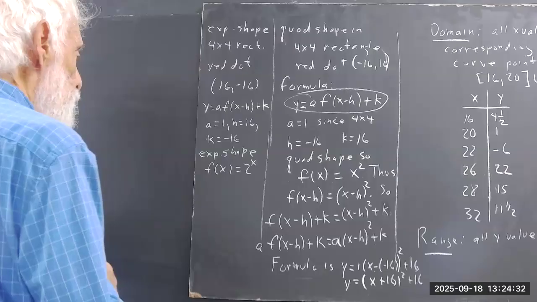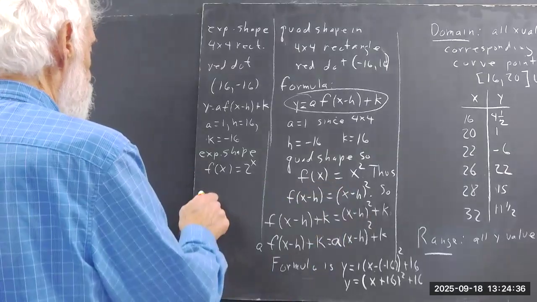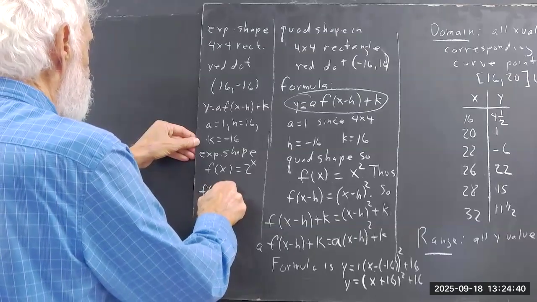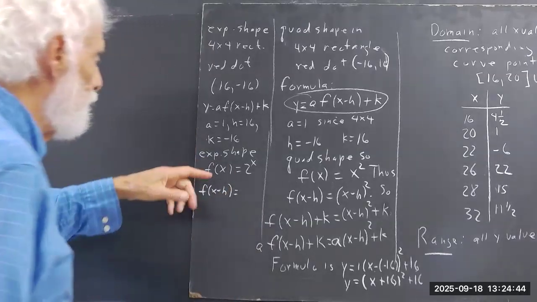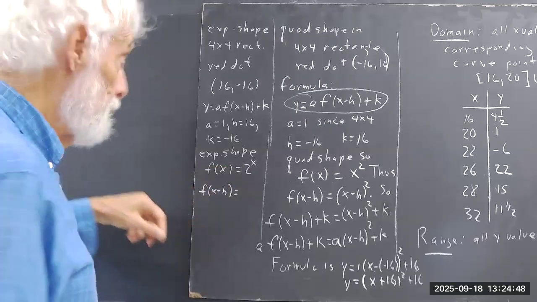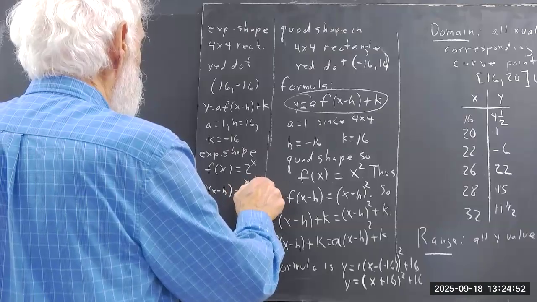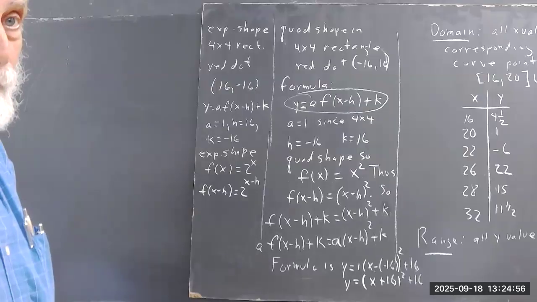Okay, f of x equals 2 to the x. So I'm just kind of mimicking what I did over here so that we can say f of x minus h equals, well, we get f of x minus h by replacing x by x minus h in this definition. So we're going to get 2 to the x minus h. Okay?